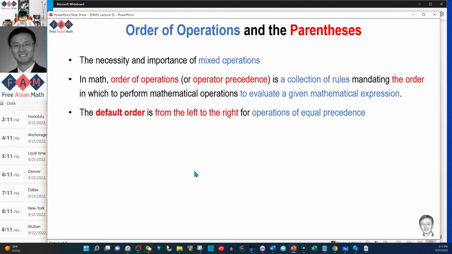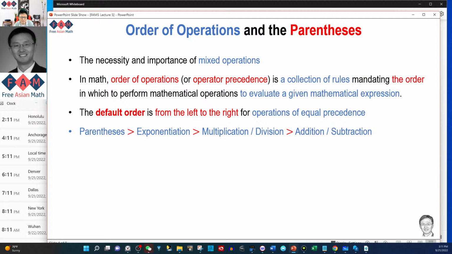But sometimes we have more than that, and we do want to expressly change the order somehow. So we set up a general rule like this. Well, as you will see later, and this is truly important, you don't have to understand this completely for now, but we want to give you the full rules.